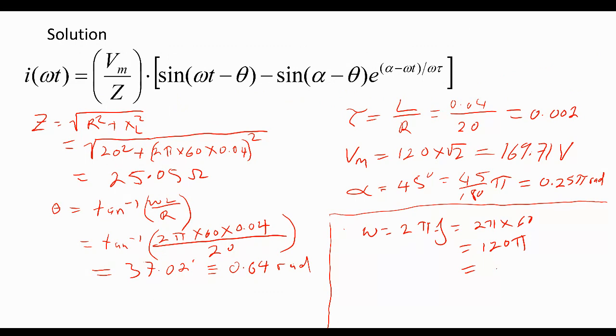Right, so therefore your omega tau is equal to 120 pi multiplied by 0.002, right? And what's that equal to?